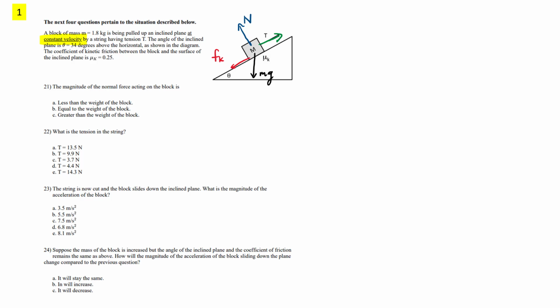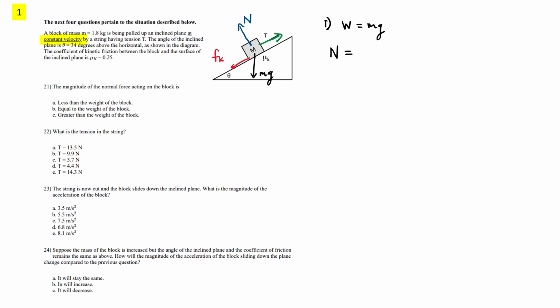All right, so now let's go back to our question. It's asking about the normal force, right? And the normal force is being compared to the weight. So our weight we know is simply mg. Now, if you have a block on a slope, the only force that's perpendicular to the slope is the normal.